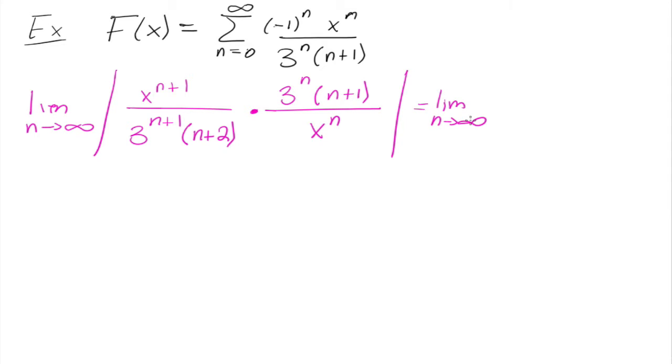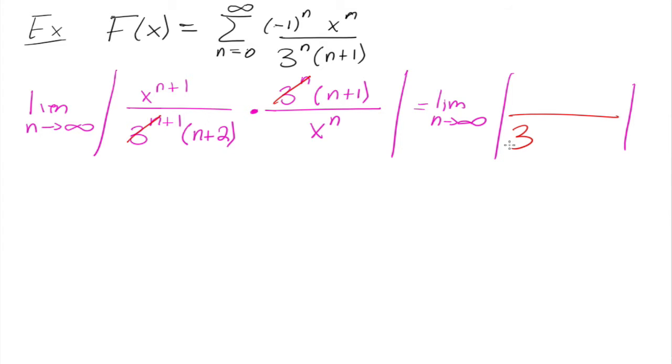So I apply the ratio test to the series to find the x values for which it converges. So I can get rid of the 3 to the n's, and I have a 3 left over on the denominator.